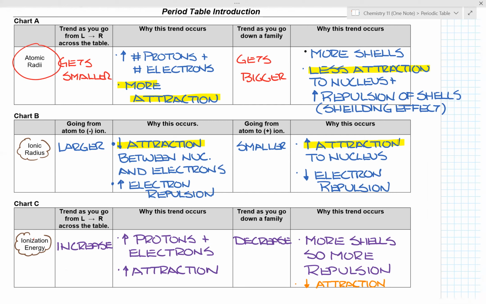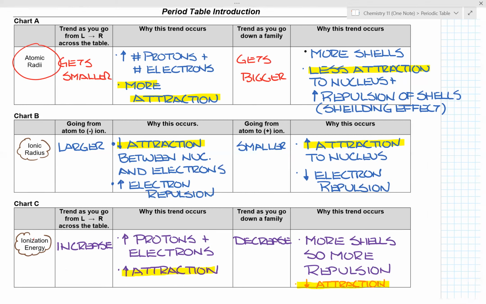For chart C, ionization energy, as you go from left to right, the ionization energy increases because there's again increased attraction. As you go down the family, the ionization energy decreases because there's a decrease in attraction, and also more repulsion.